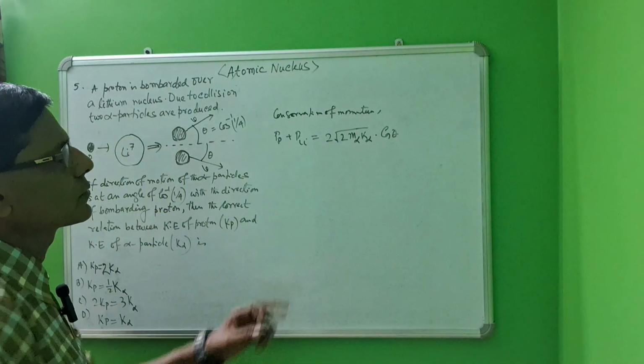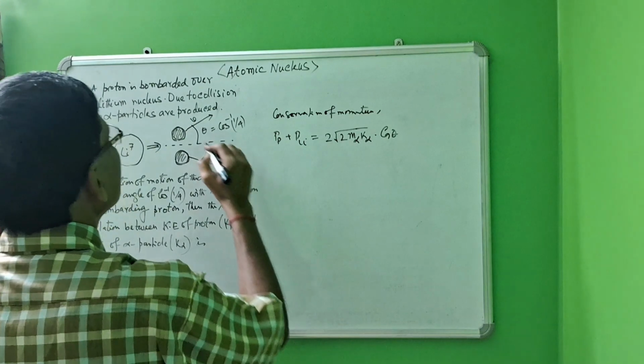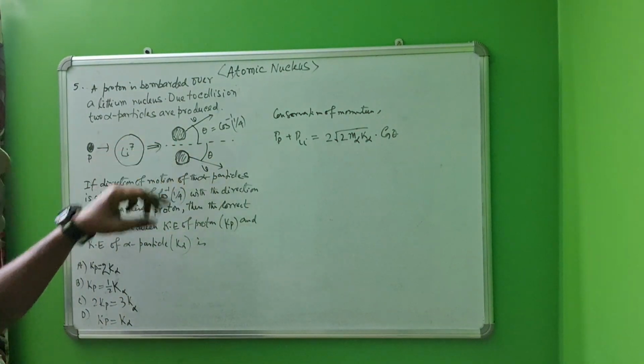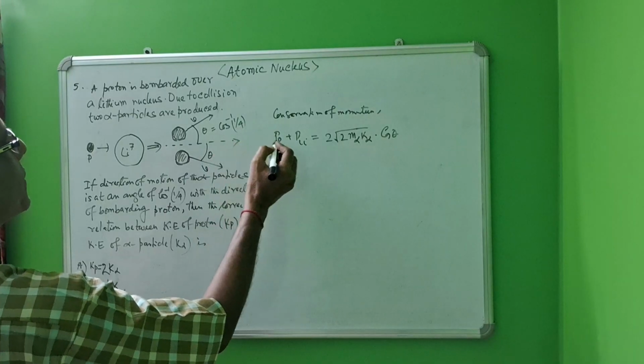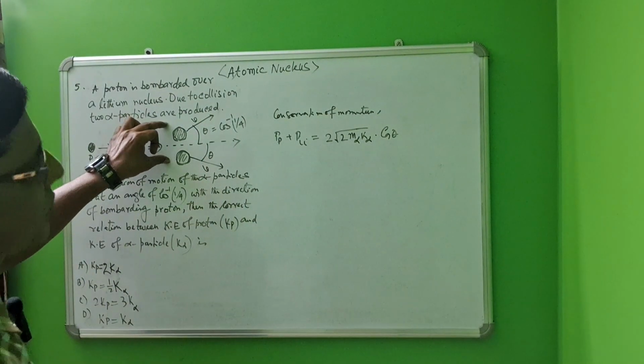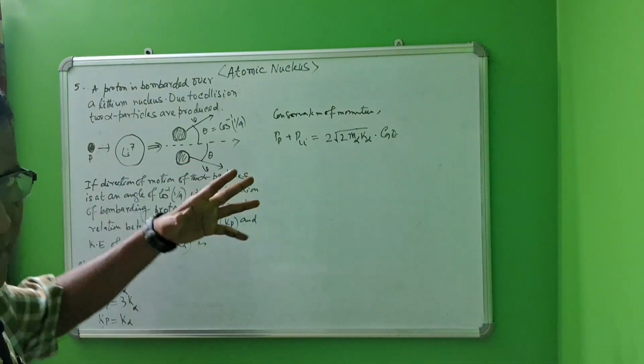Why is this written as the right hand side? Because if we resolve this alpha particle into two parts, one along the horizontal direction and another in the vertical direction, the vertical part will be cancelled out and the horizontal part will be added.